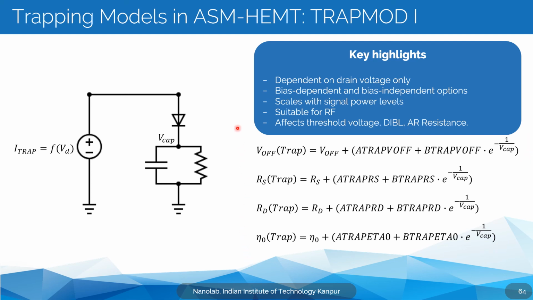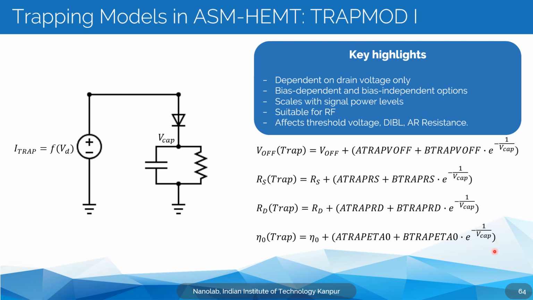The reason it works only at high VD is because the actual trapping phenomena take place at higher drain voltages, where the fields are significant, and then there's significant trapping in the device. So once you have a high VCAP, then you have a significant value of this exponential.